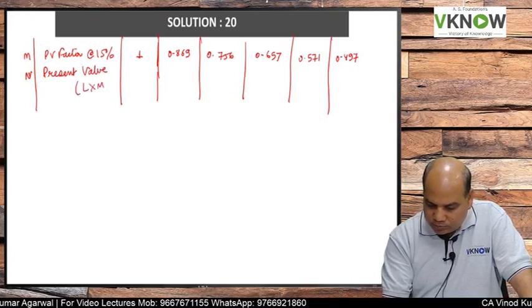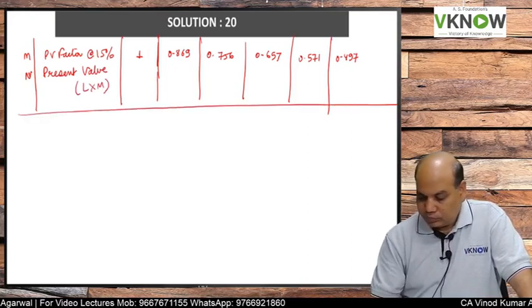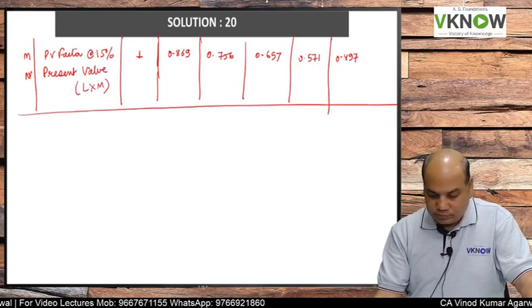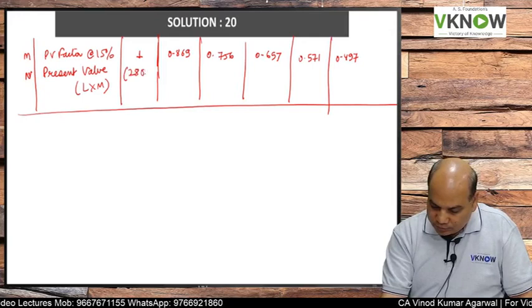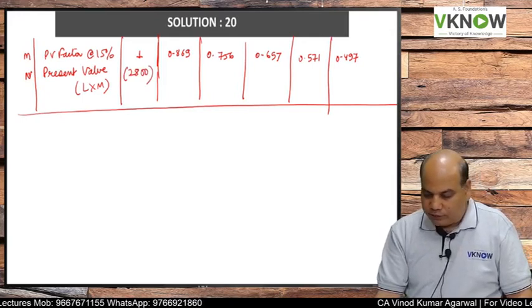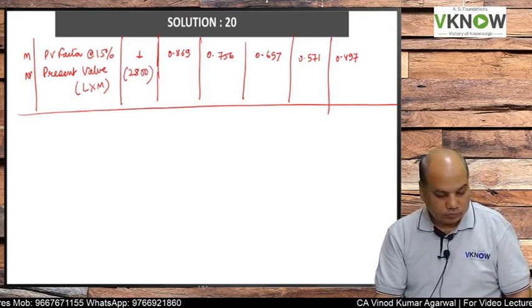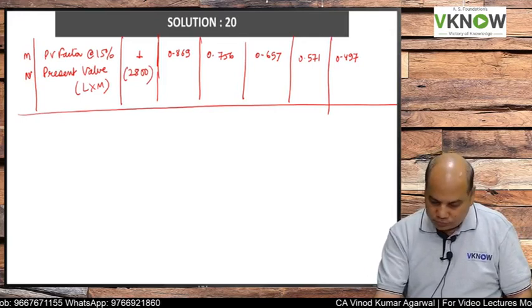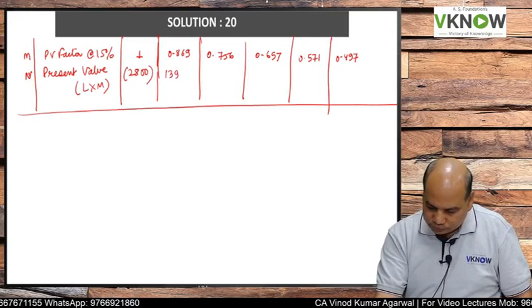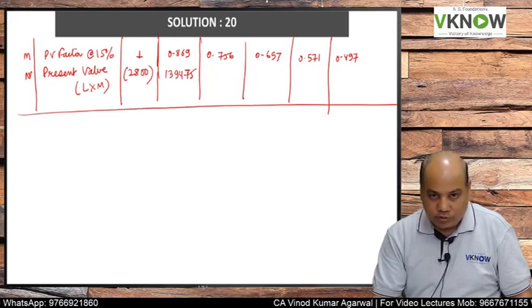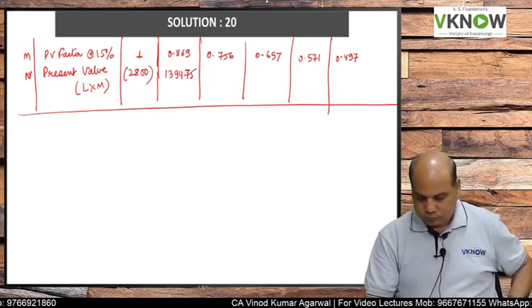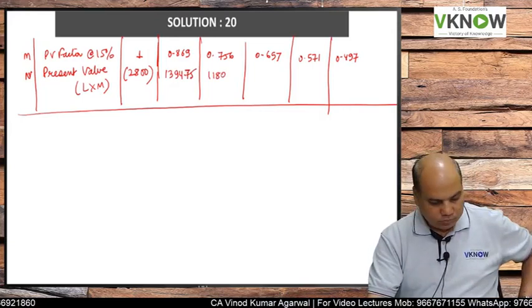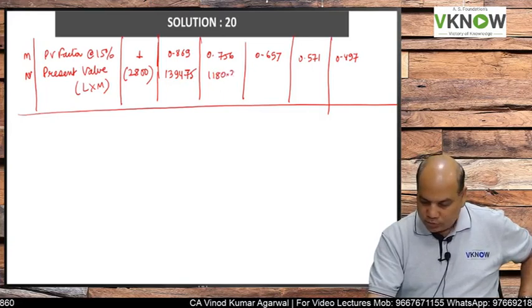L into M. So first will be the same. How much? 2800 negative. Anybody for year 1? 1213.75. Then 1180.31.